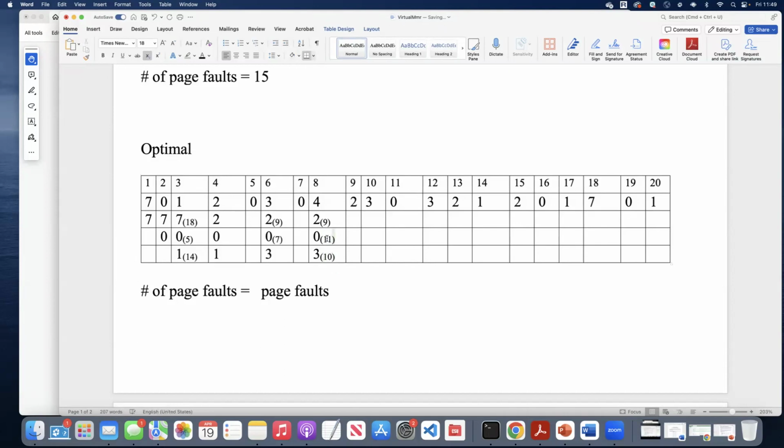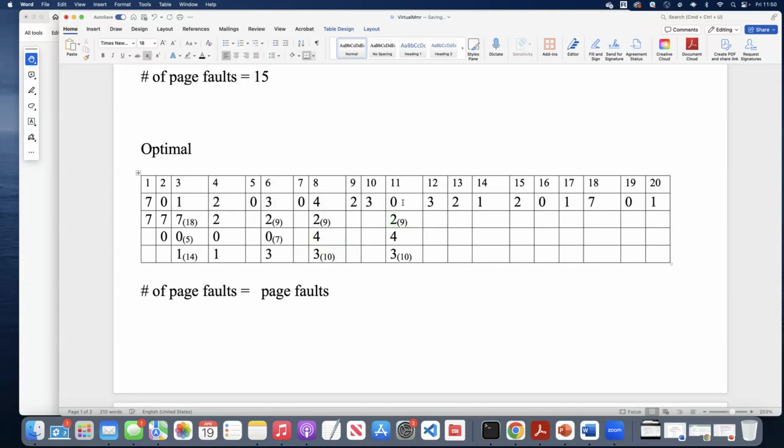So now page 0 will not be accessed for the longest period of time. So we use page 4 to replace page 0. And now page 2, no page fault, page 3, no page fault, and then page 0.